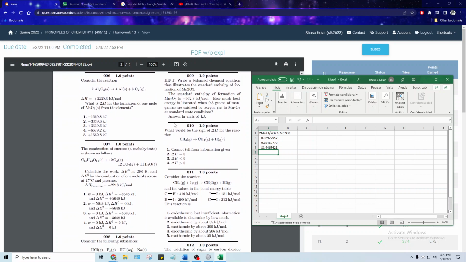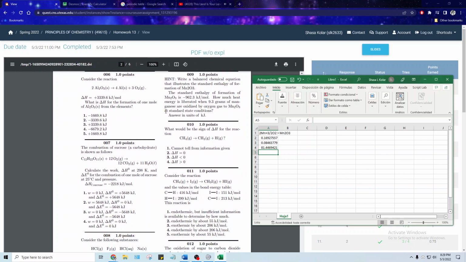And then on to number 10. Will it be time for delta H for the reaction? As we can see, more gas is being produced. If more gas is produced than is consumed, so we get more gas on the outside, that means that work is being done to push out, right? So work is being done out. It's losing energy to work.